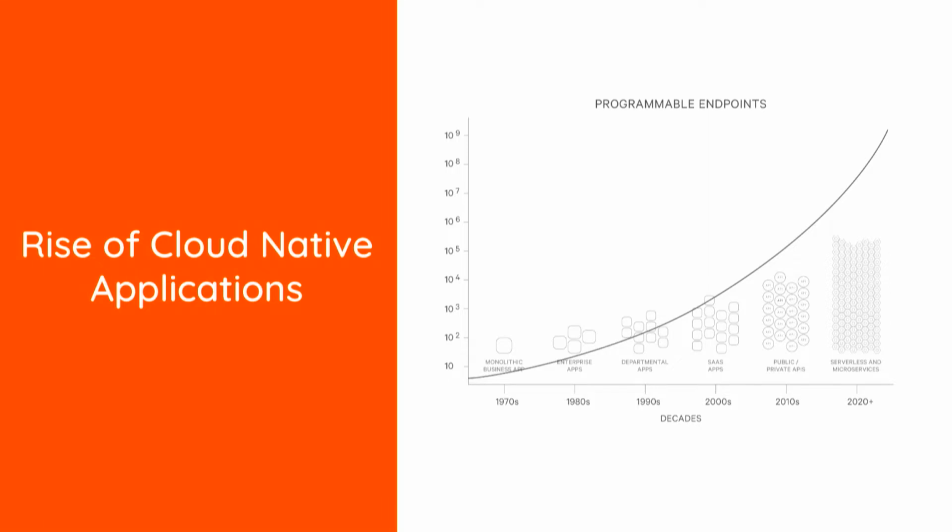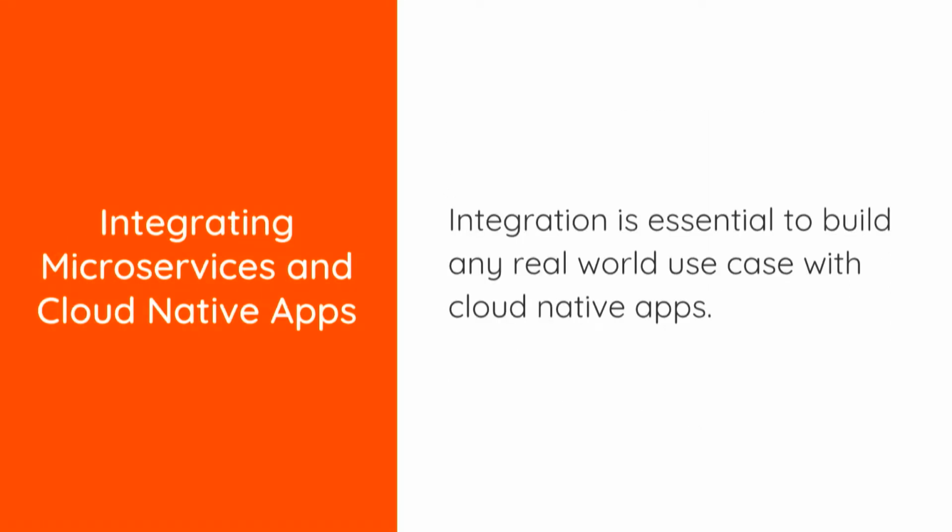So that means you need to create these business capability oriented services, but when you have to build some business use case, you need some kind of coordination or composition of these microservices or serverless functions. So that is the problem of integrating microservices or creating compositions out of your existing microservices.